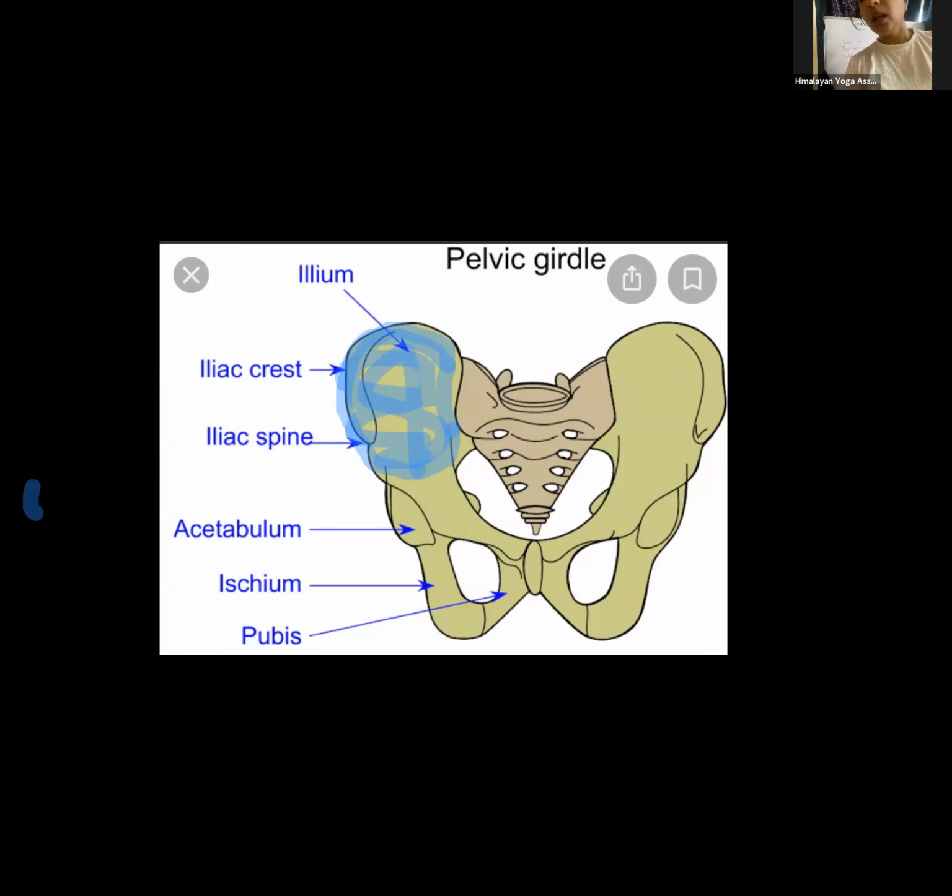Then we have ischium and pubis. Pubis is the front part. I'll show you one more image in which pubis is more clear.